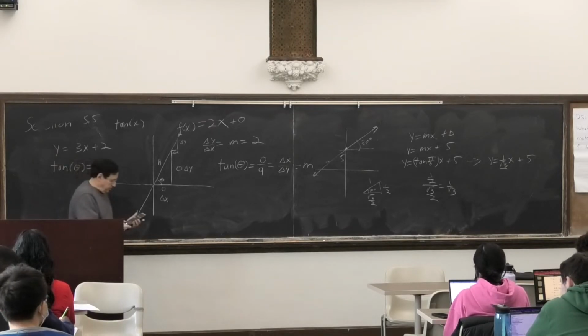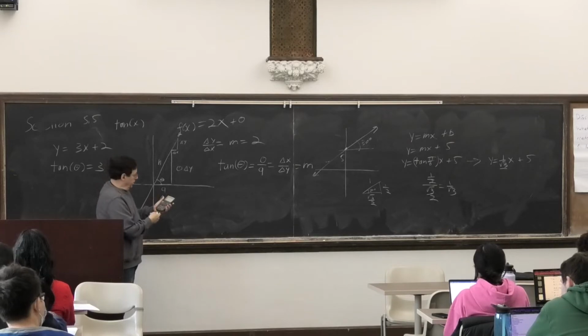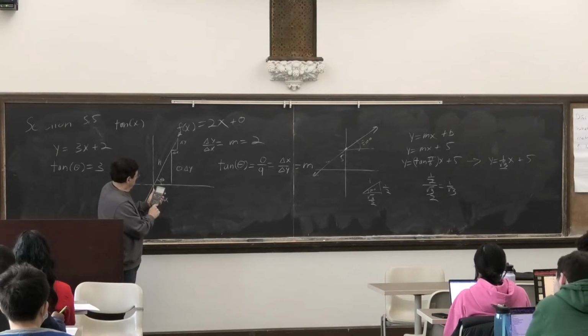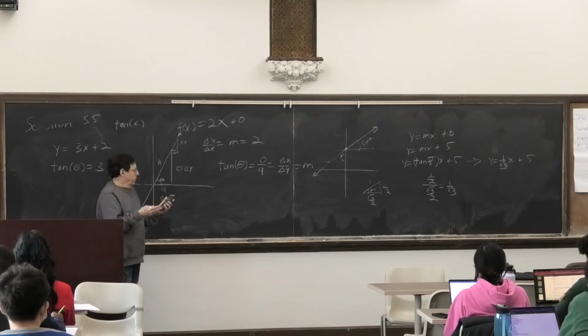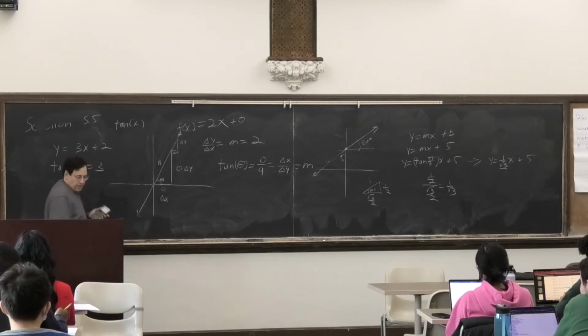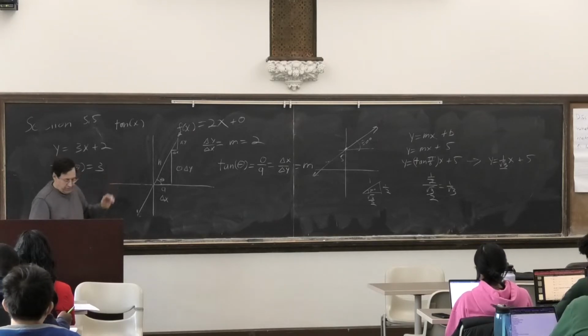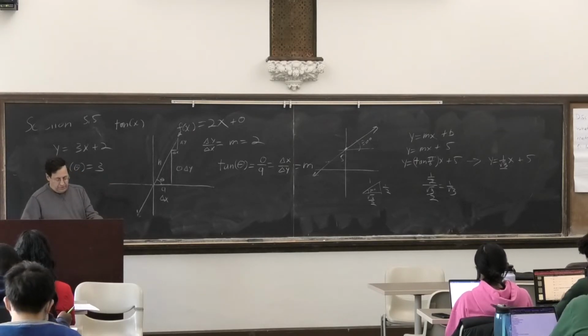Or we can use our calculator and say, all right, second tangent inverse 3, 1.2490 something, right? So we can get the angle in that manner. So that's why this is a valuable piece of information. Tangent of the angle that a line makes with respect to the x-axis is its slope.